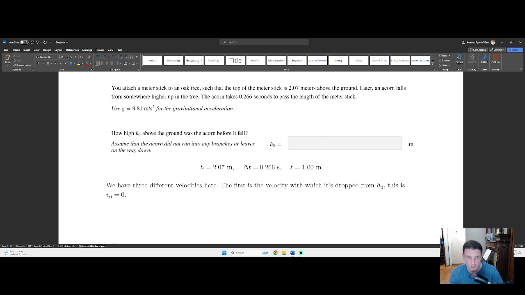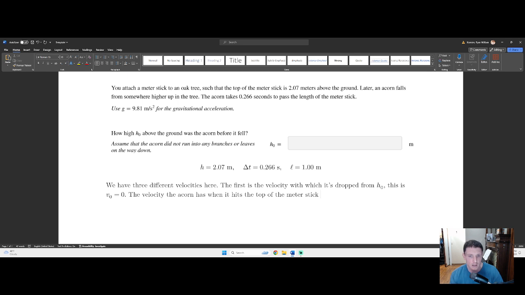So let's see here, and I'll try to make this stuff more explicit when I write problems for you guys to do on exams and quizzes, but I don't write these problems. Okay, so we have that. Then we'll say the velocity the acorn has when it hits the top of the meter stick, and the verbiage here is not the best because it doesn't actually hit the meter stick, but I think everybody understands what I'm saying.